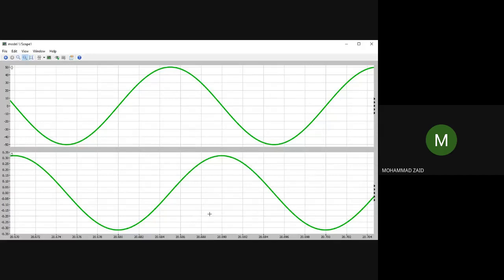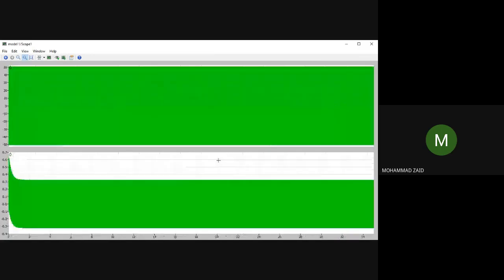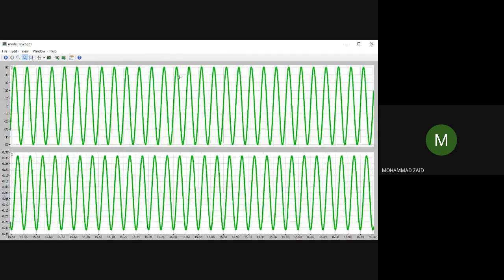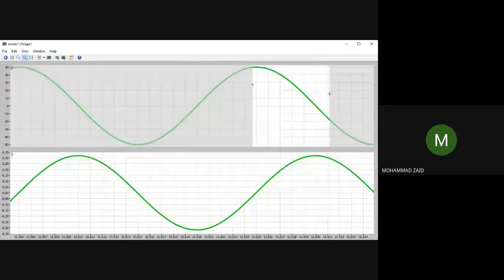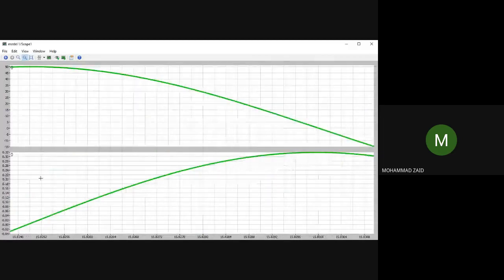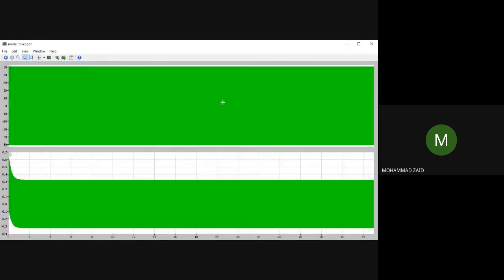Because it is an RL circuit. If it were an R circuit, the phase difference would be zero. This is alpha. Let me show you the difference between this peak and this peak. If you convert this difference in time into an angle, it will be the impedance angle.